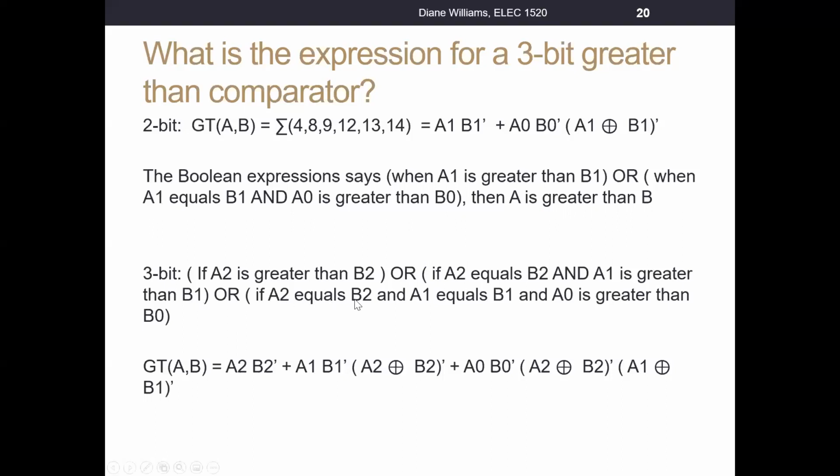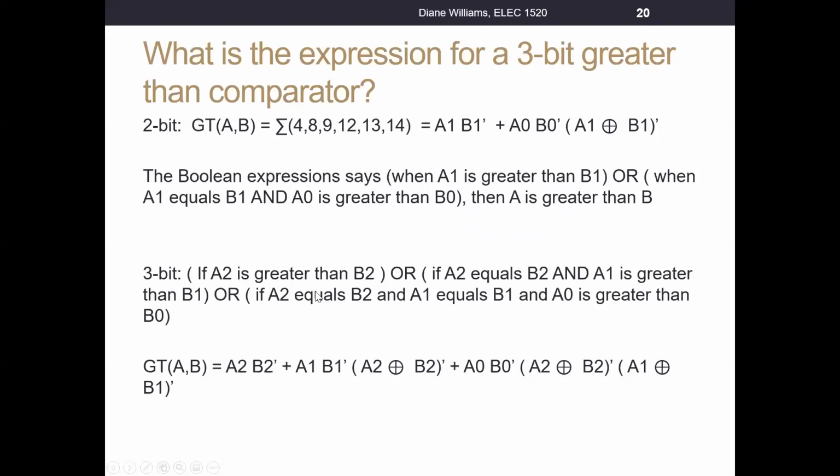If A2 equals B2 and A1 equals B1 and A0 is greater than B0, then we know that A is greater than B. And these are the 3 different cases that occur in a truth table for a 3-bit greater than comparator, right? Where A is 3 bits and B is 3 bits.